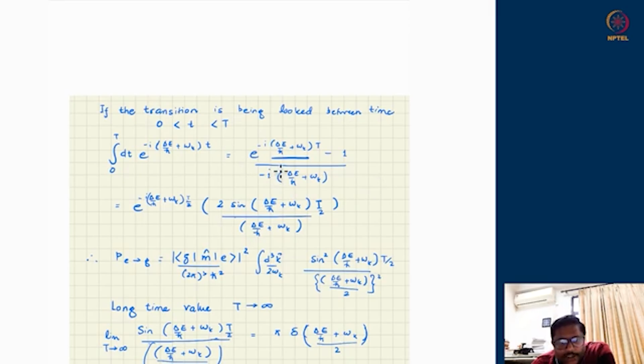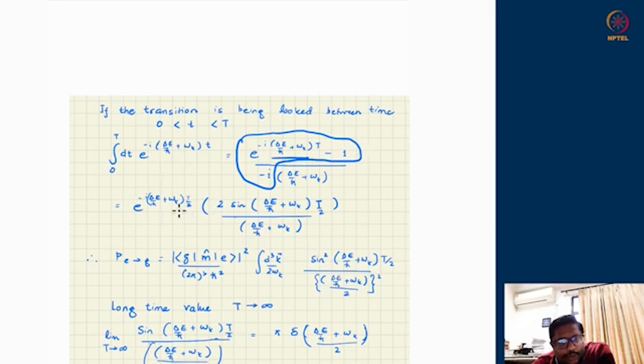So now I have a structure of an exponential of something minus 1, divided by minus iota. This can be written in terms of a sine function. How do I do that? I pull out e to the power minus iota, the same thing, capital T by 2. If I pull that out, I am left with e to the power minus iota, the same thing over here, delta E by h bar plus omega k times T by 2, minus e to the power plus iota delta E by h bar plus omega k times T by 2.